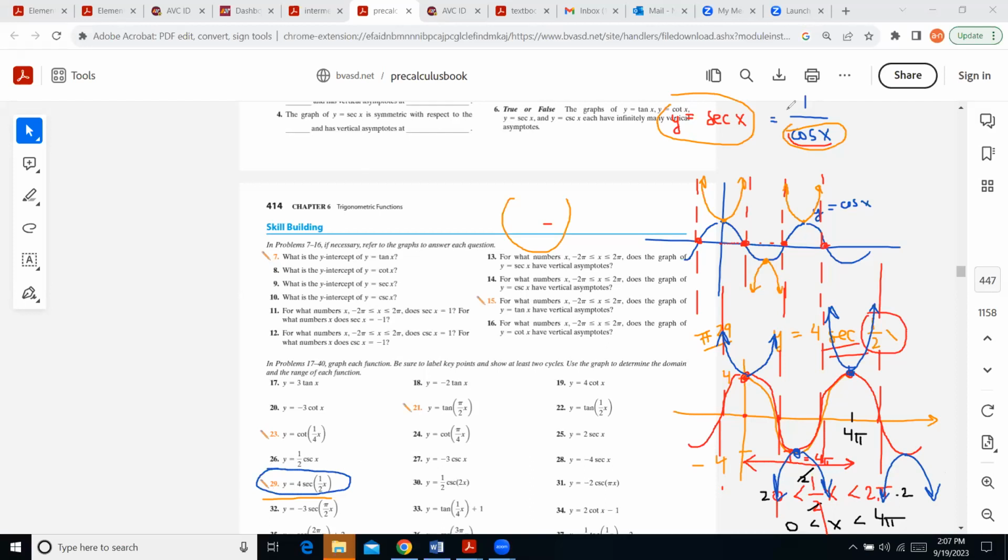Secant, or 1 over cosine, is here for us.